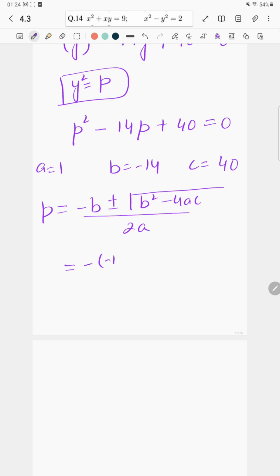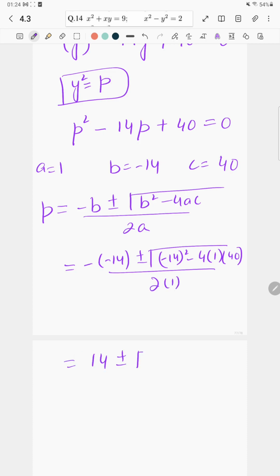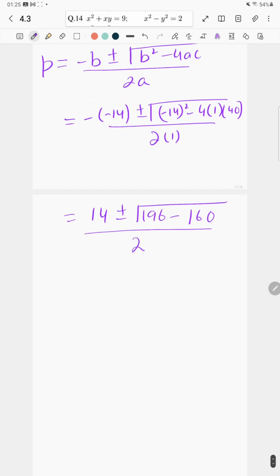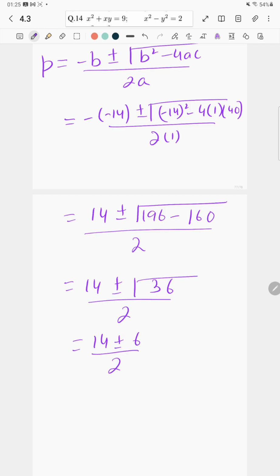So it's minus minus 14 plus minus square root of 14 square minus 4ac divided by 2a. So it's 14 plus minus square root of 196 minus 160 over 2. So it's 14 plus minus 6 over 2.